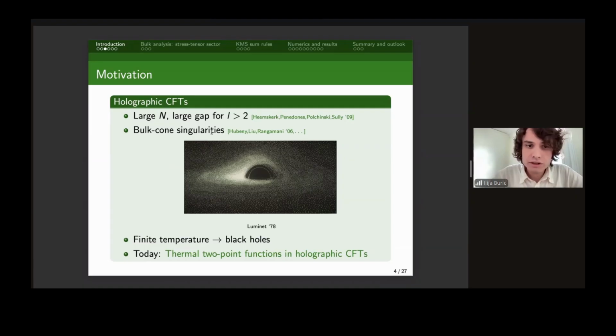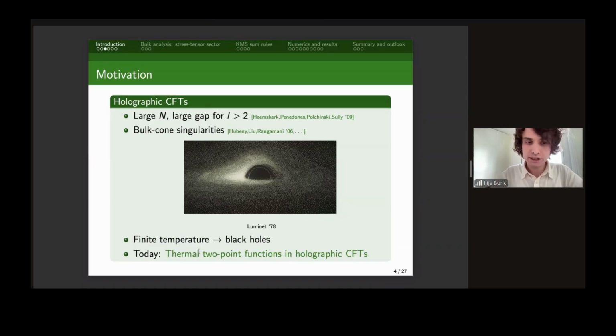There are also other signatures like quasi-normal modes, and you may wonder if you can detect the presence of black holes starting from the boundary by considering the CFT on the boundary. Maybe this is not a conclusive answer, but these are some questions to keep in mind for the analysis that I will do today.